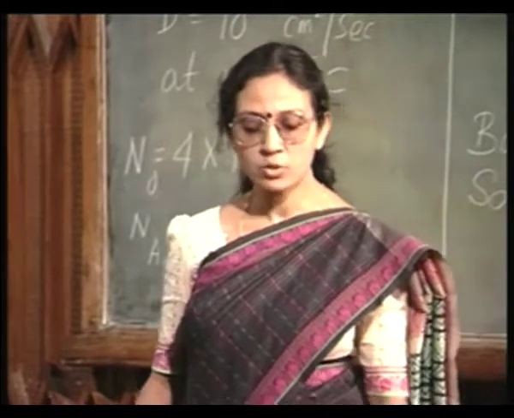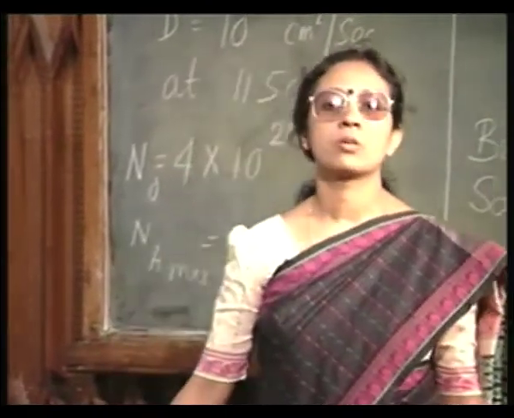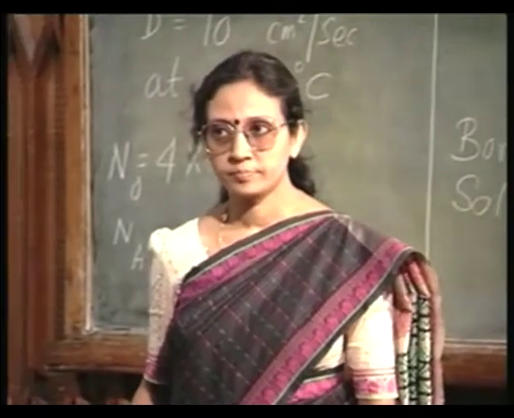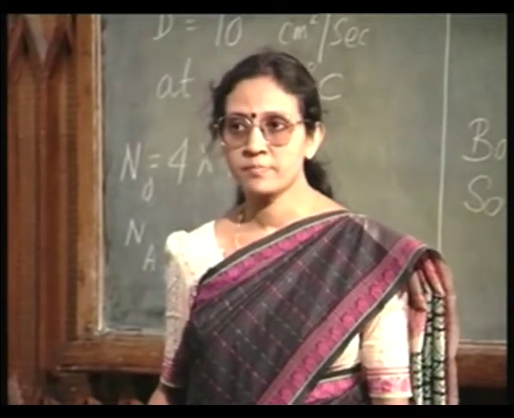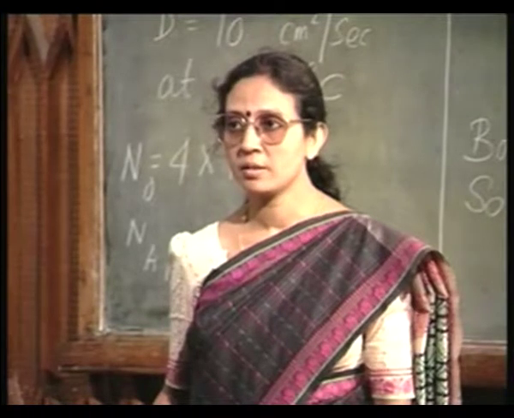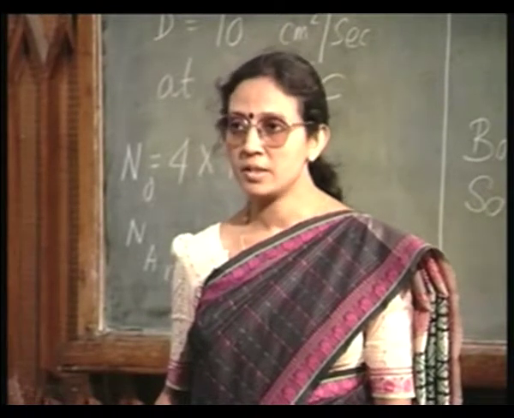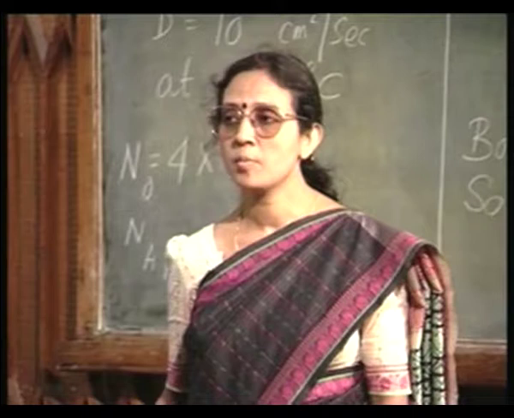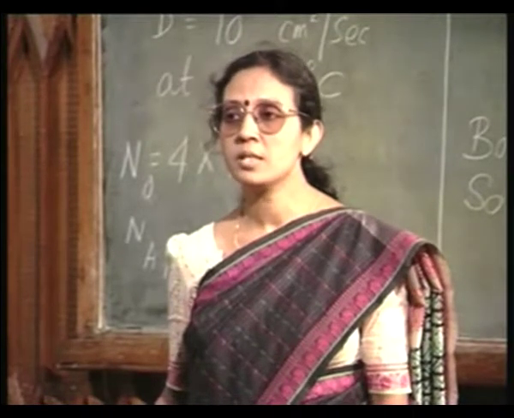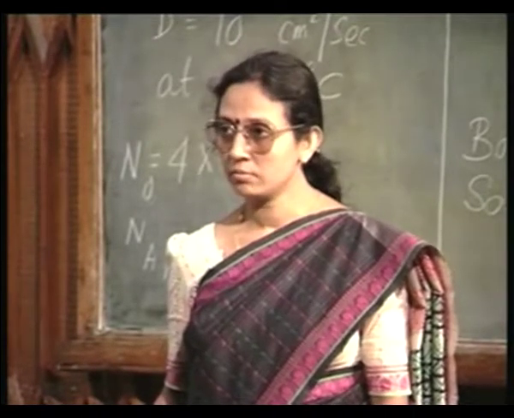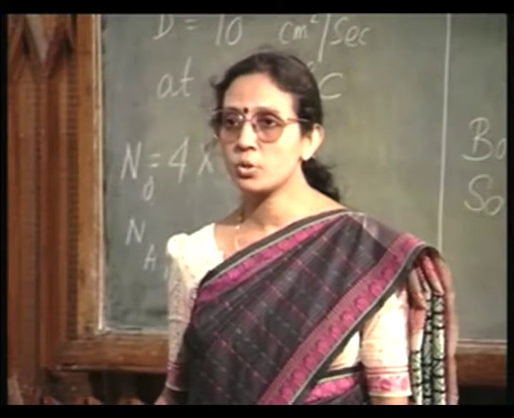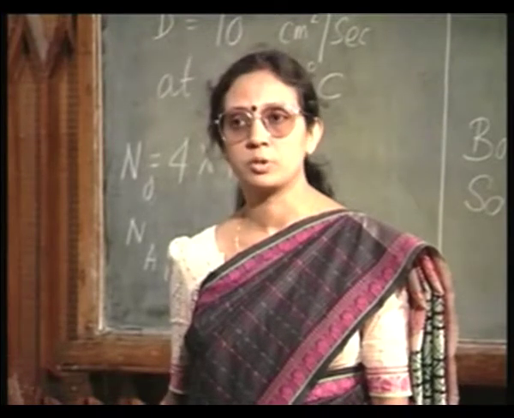okay, and you use a weakly oxidizing ambient, so that from this B2O3, the thin surface layer of B2O3, boron gets incorporated into the silicon. Okay. So, you are controlling the formation of B2O3.